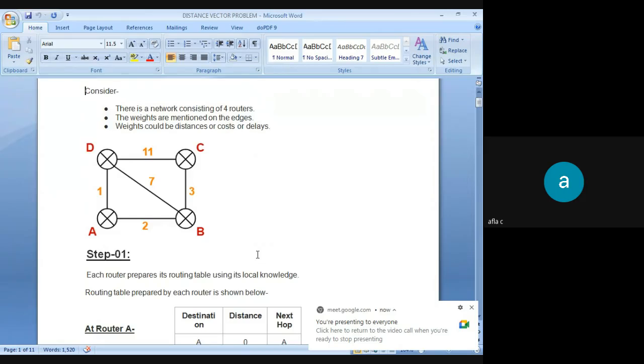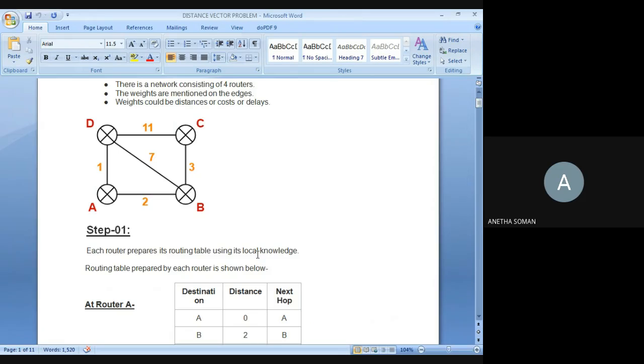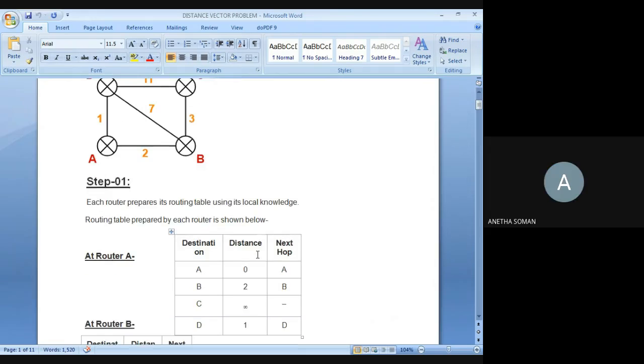With respect to B, 2, and the next hop is B itself. Now, C, you don't have a direct path, so you have to mark it as infinity. And for D, 1, through D itself. So for router A, this is the routing table: A 0 A, B 2 B, C infinity, and D 1 D.